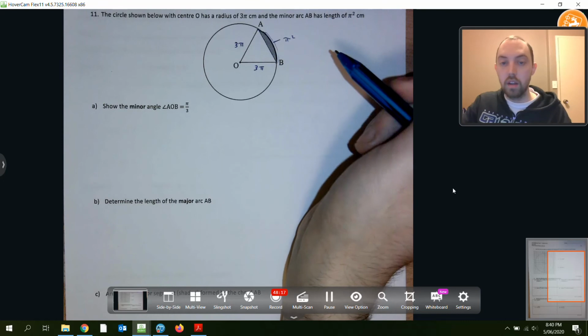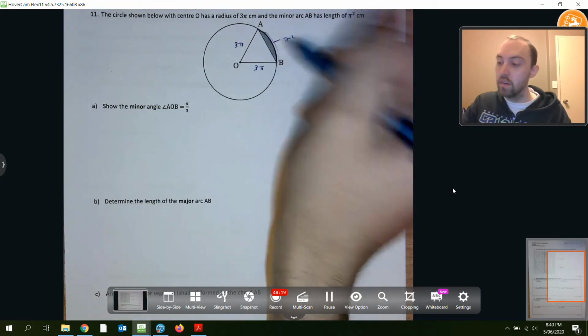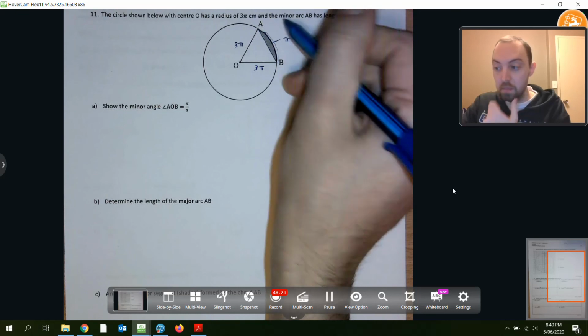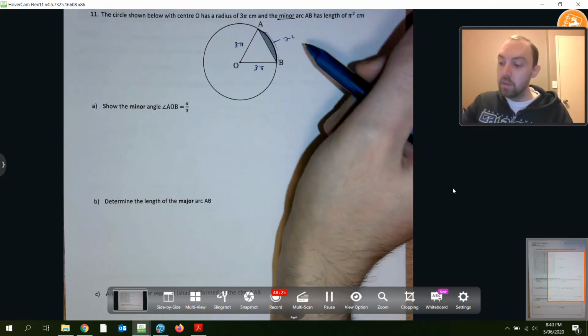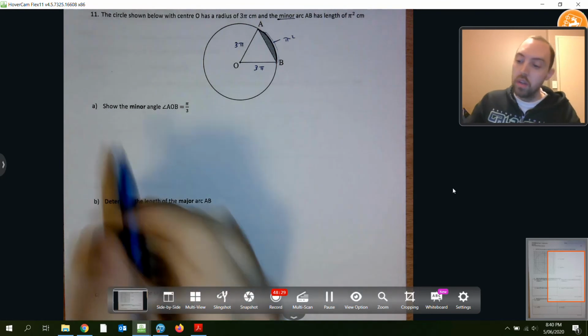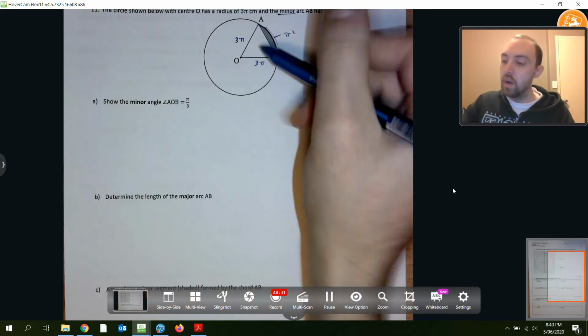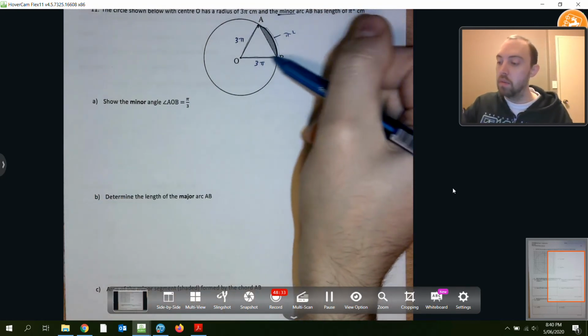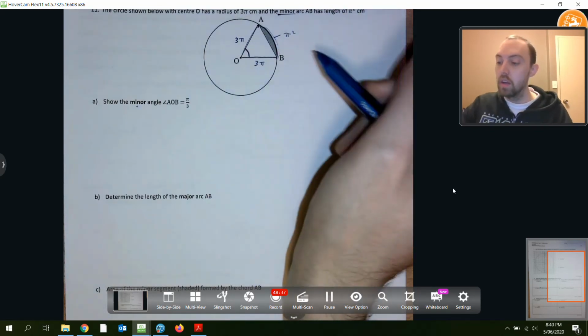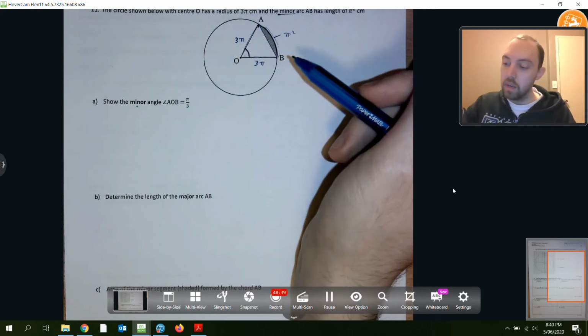So that arc, the round part between A and B, the smaller one, because it is the minor, is pi squared. Show that the minor angle AOB, so the smaller one here, is pi on 3.